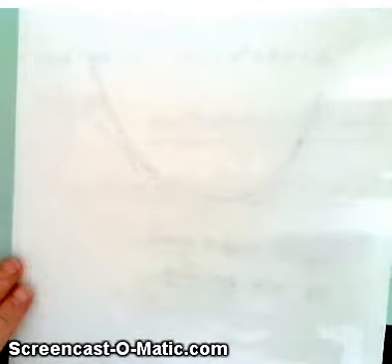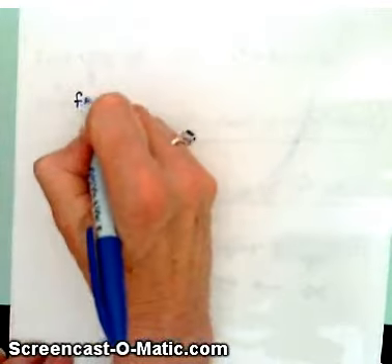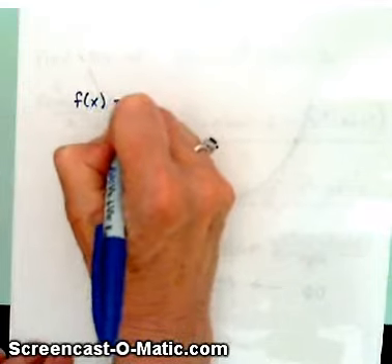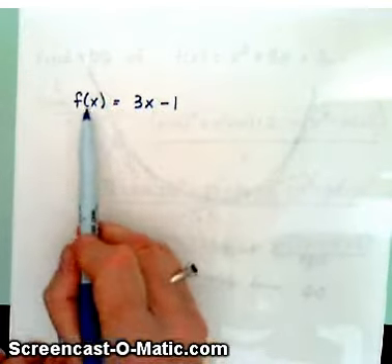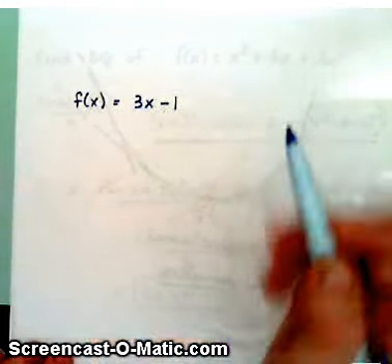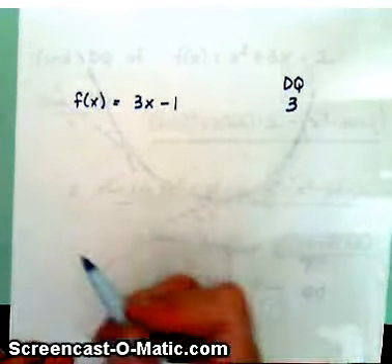The first two examples that we did were examples of lines. We did the DQ of f of x equals 3x minus 1. Now you know that's a line, y equals mx plus b, and the value of the DQ was 3.